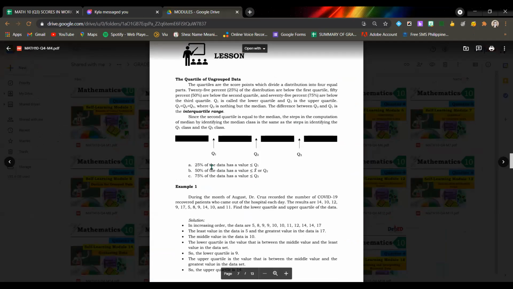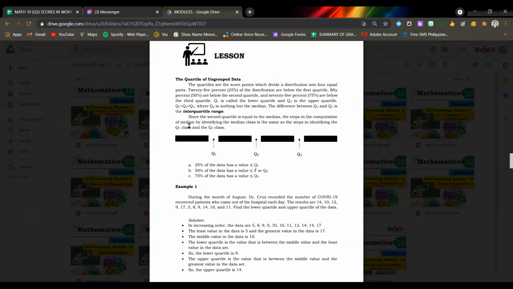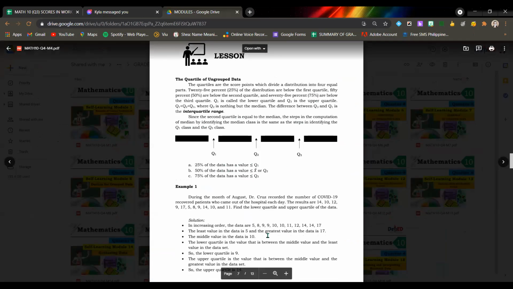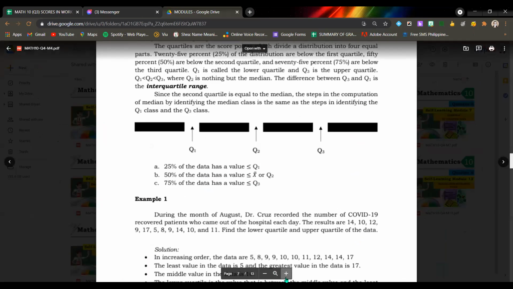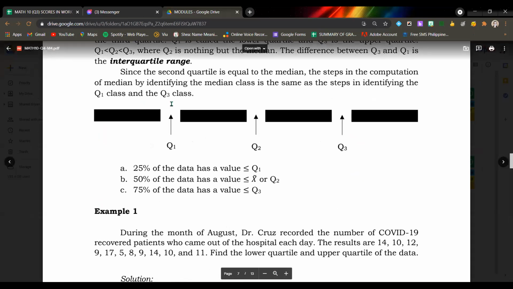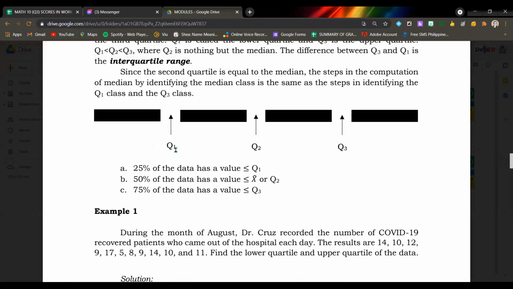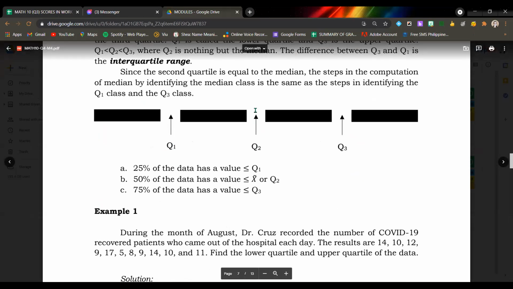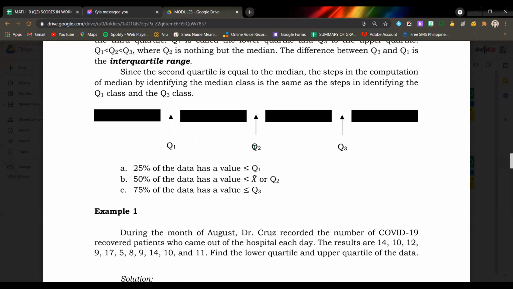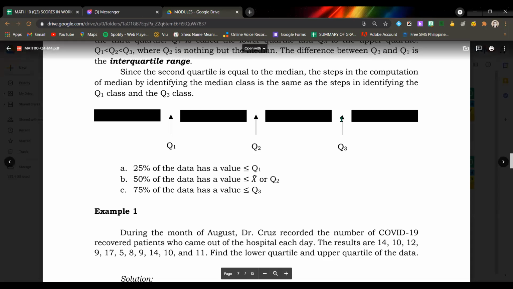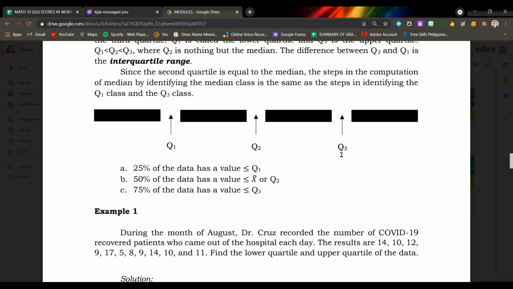Ito yung sinasabi ko, na when we see quartile of group, hinahati natin siya sa 4 na parte. And this is where Q sub 1 is located, or the first quartile, ang basa natin dyan, first quartile. Ito yung second quartile, and ito yung third quartile.